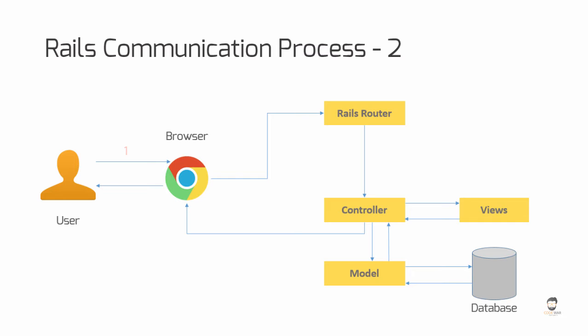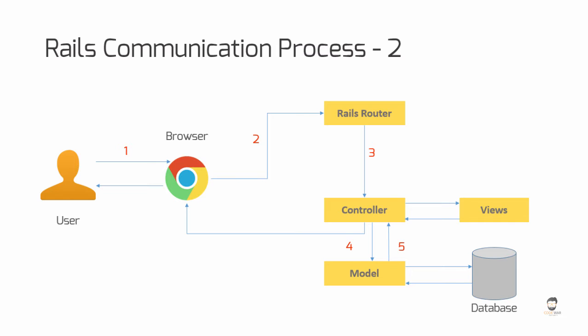So, as a recap, the first step is the user hits the URL and sends the request in the browser. Second, it goes down to the Rails router, and the router requests the controller. The controller asks the model if there is any fetching or data manipulation, and if so, the fetched data is returned to the controller.